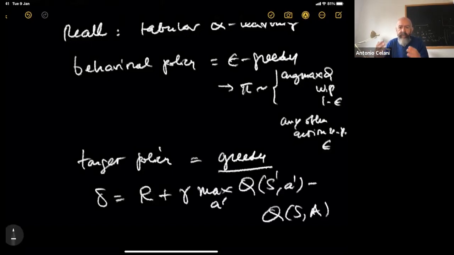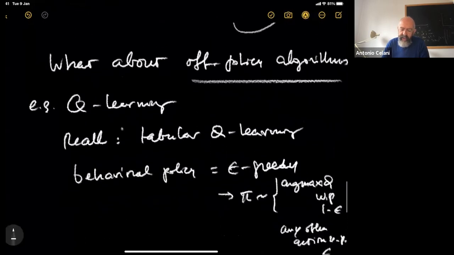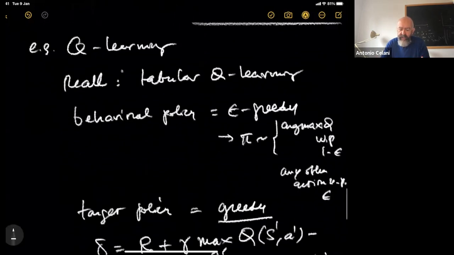Actually, the class of off policy algorithms is much wider than Q-learning, but we now focus on this particular instance because we've been discussing this before. Okay. So the question is, can we mix in Q-learning with function approximation?